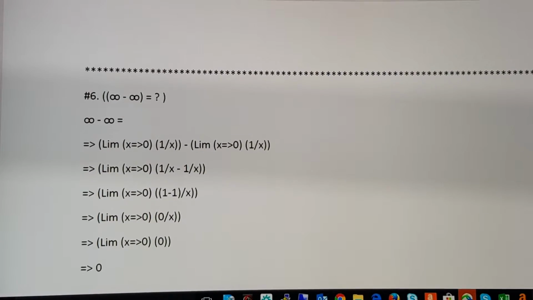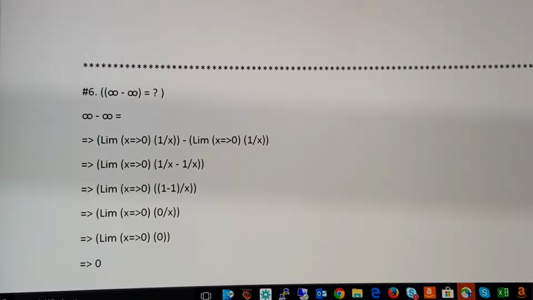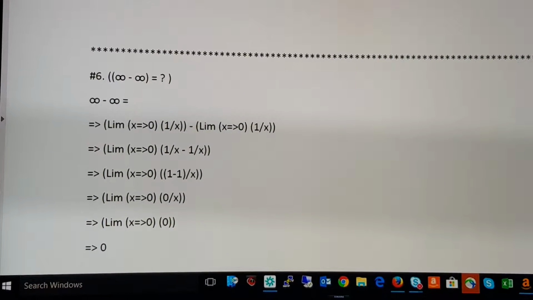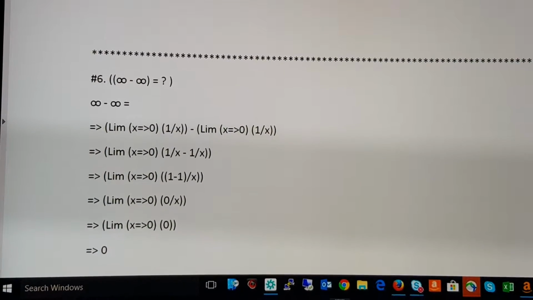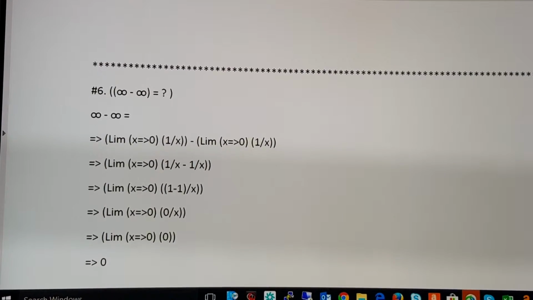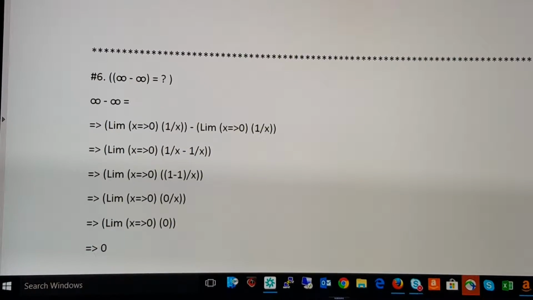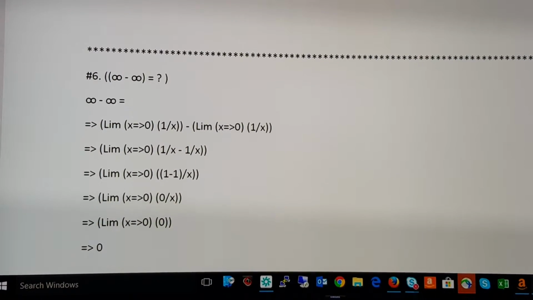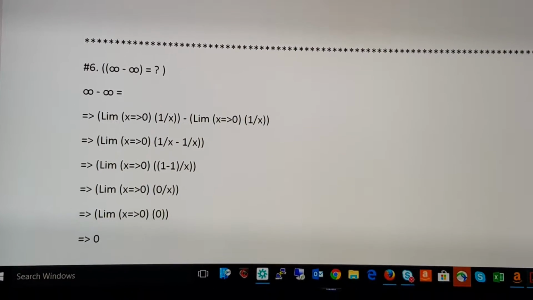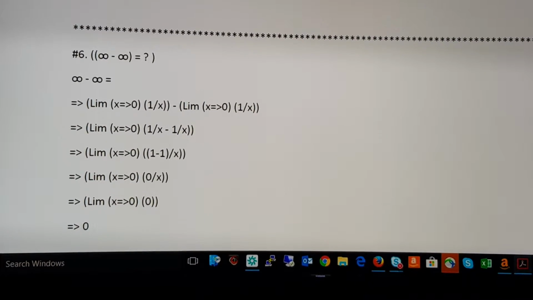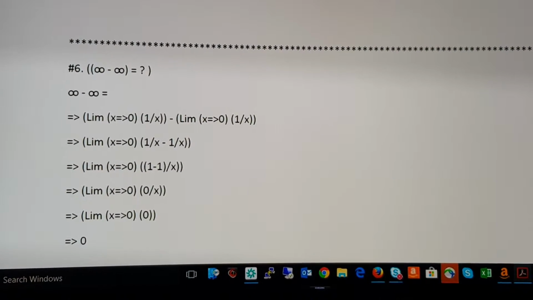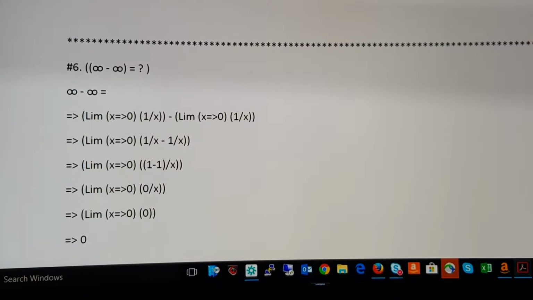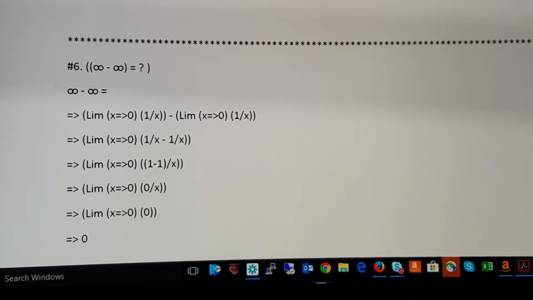So let's go to the next evaluation. Well, this is an interesting one, and you may wonder why you have such a simple evaluation for such a complex logic of infinity minus infinity. We are using the same definition of infinity. We're just taking fractions and using the standard formula limit a minus limit b is equal to limit a minus b.